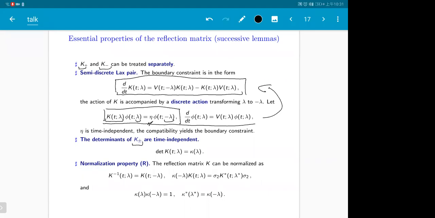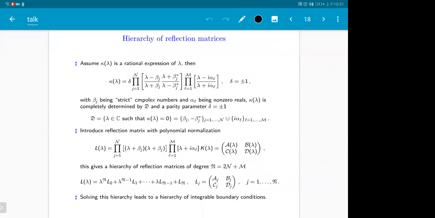And we impose the following normalization on the reflection matrix K. Now, having these properties, the question is, given V, the time part Lax matrix of NLS, what are the possible boundary conditions?